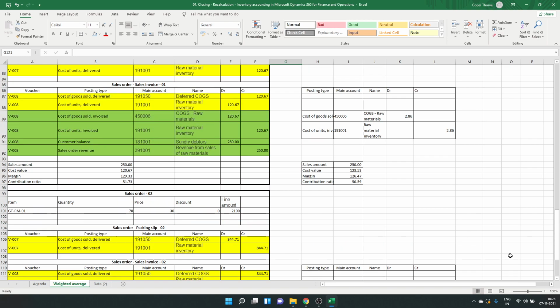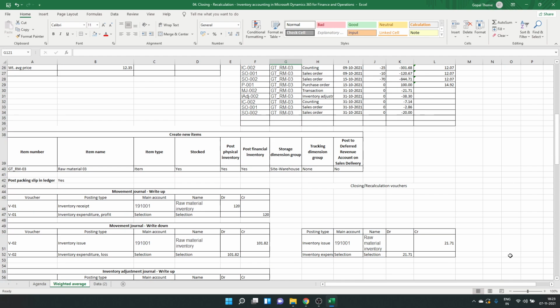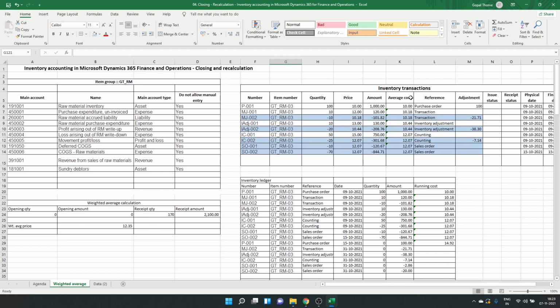So this is how inventory closing happens. In inventory transactions at the end of month, there are two more transactions while closing the inventory. These are virtual transactions, which offset each other, with reference to this inventory closing.